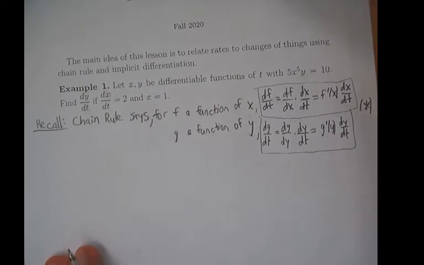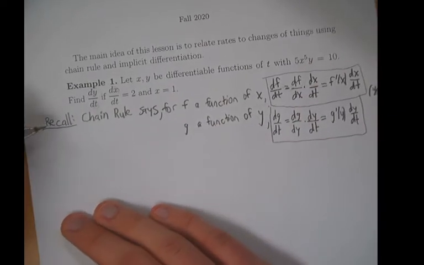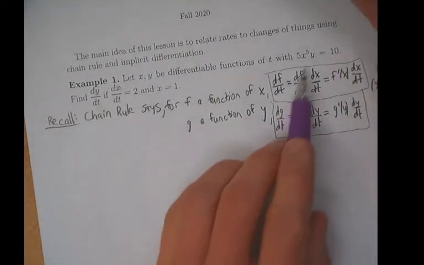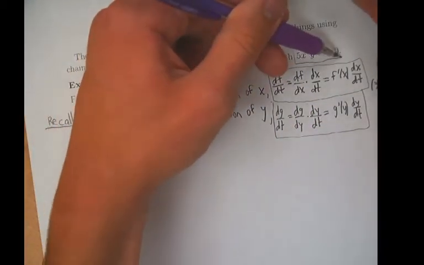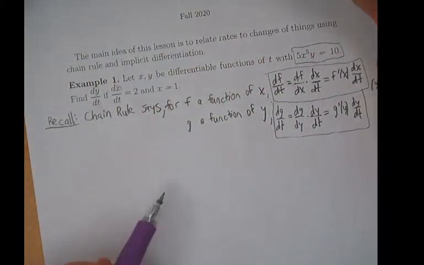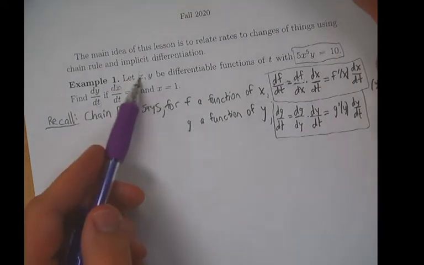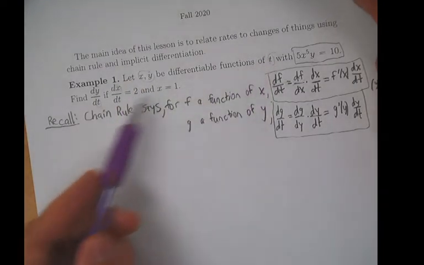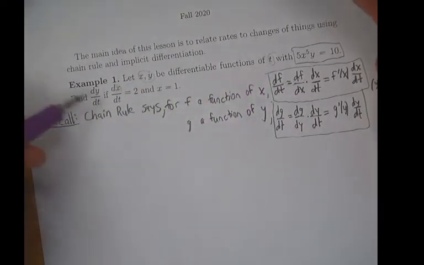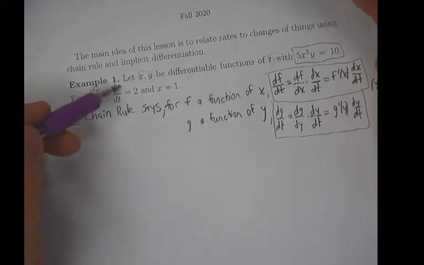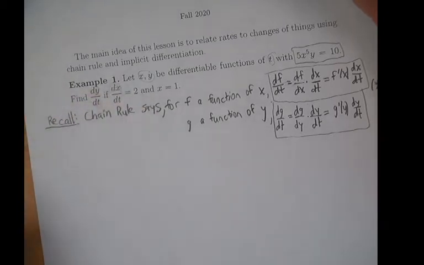So now, if we have 5x to the fifth times y equals 10, and we're given that x and y are differentiable functions of t, and we have to find dy/dt if dx/dt equals 2 and x equals 1.